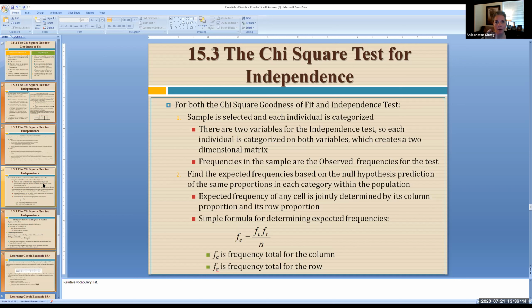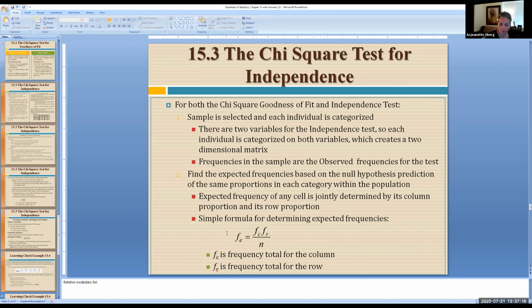Okay, so for both the chi-square and the goodness of fit, we always have to calculate our expected frequencies, always. And how we calculate the expected frequencies is we need to follow this formula right here. This frequency with the subscript C is how many you have in the total column, times how many you have in the total row, divided by the total that you have all together, and that's our expected frequency.